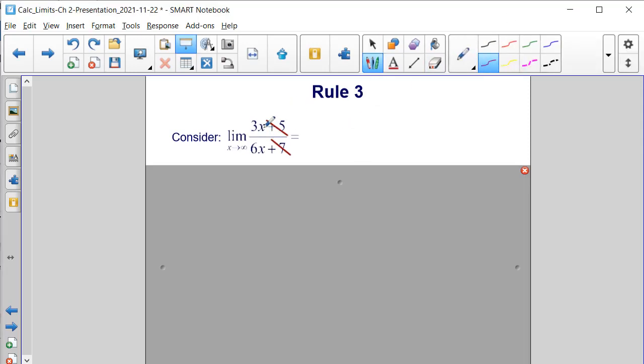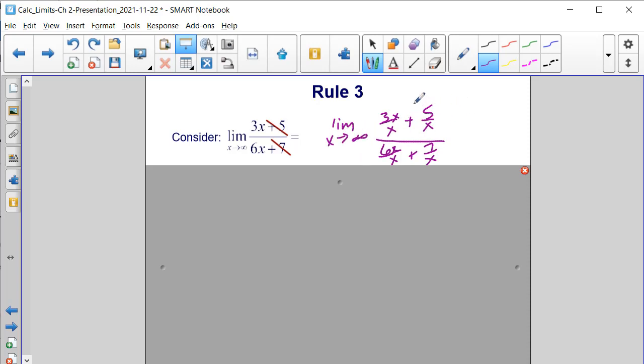As we've done before, we can take the highest power of x in our function, which is just x to the first, and divide each of our terms by it. If we do that, we would be looking at the limit of 3x over x plus 5 over x all over 6x divided by x plus 7 over x as x approaches infinity.